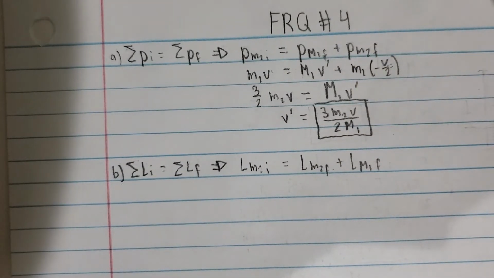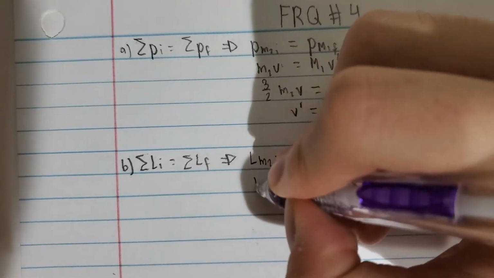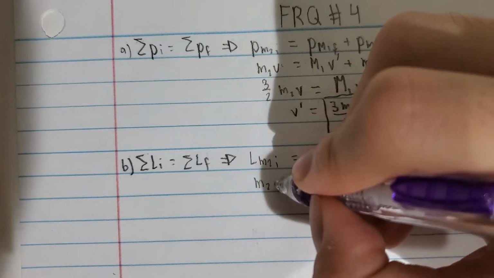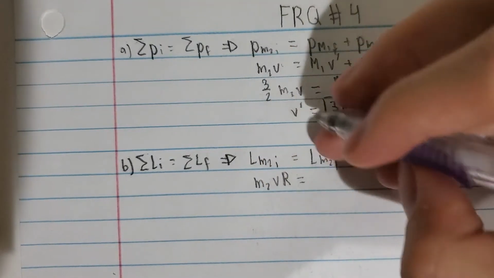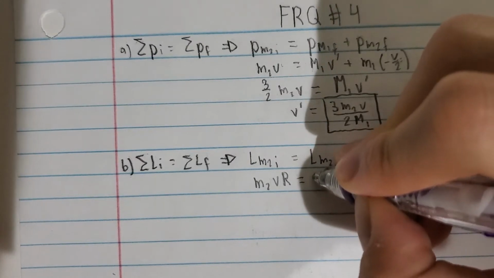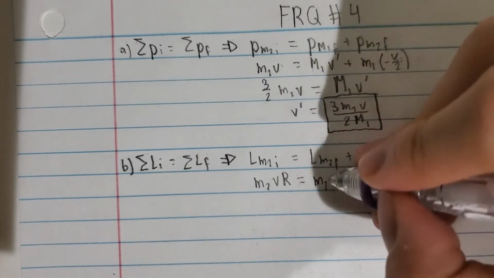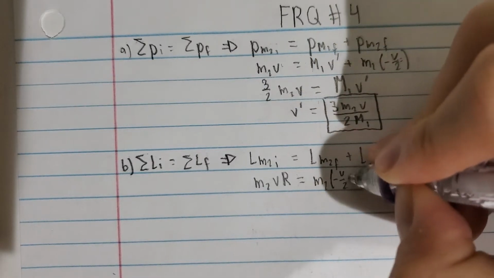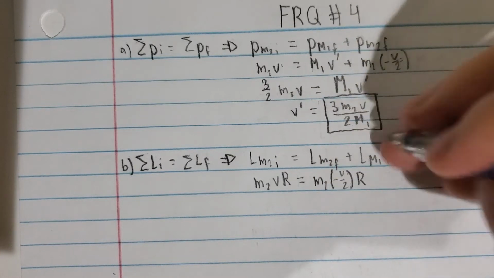For the angular momentum of m2 initial, that is equal to m2 times v times the moment arm, r. The angular momentum of m2 final is m2 times the final velocity of m2, which is negative v over 2, times the moment arm, which is r again.